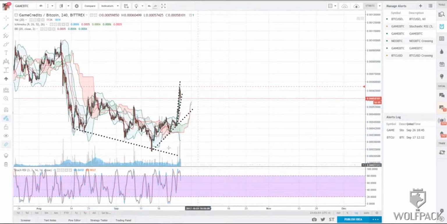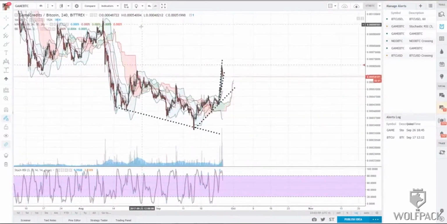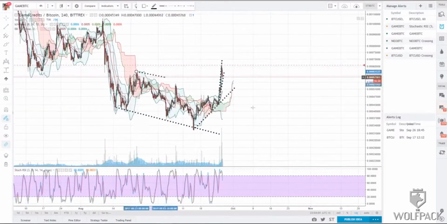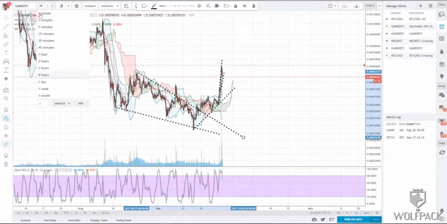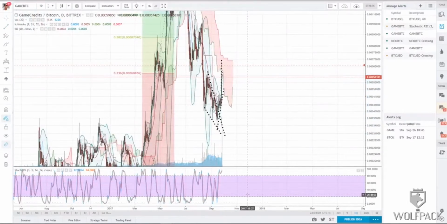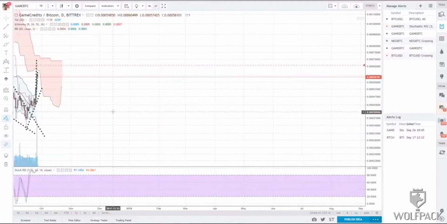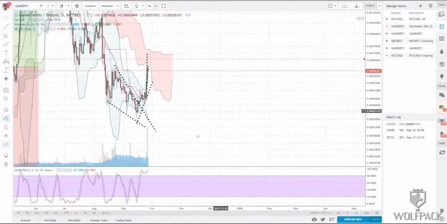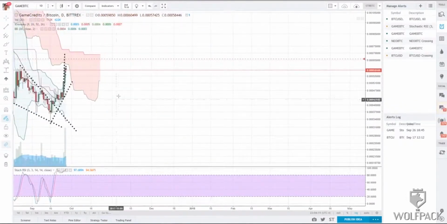Was that? No, it wasn't that. It should have matched right there. I think it's in the 1 day then, because that spike is irregular. I guess I was right the first time. Yeah, I was right the first time. It was in the 1 day.